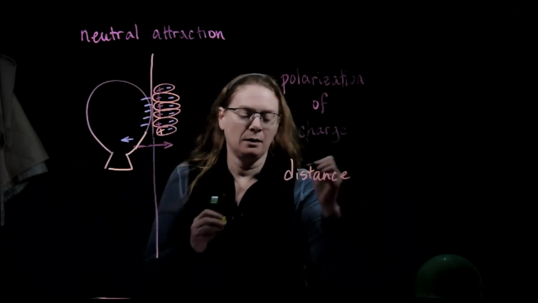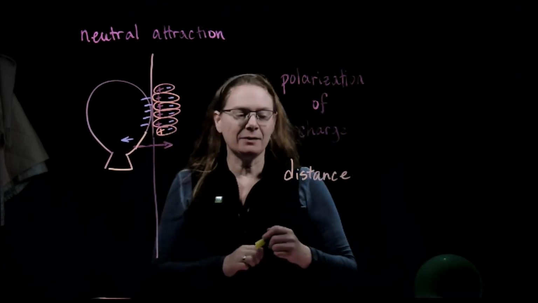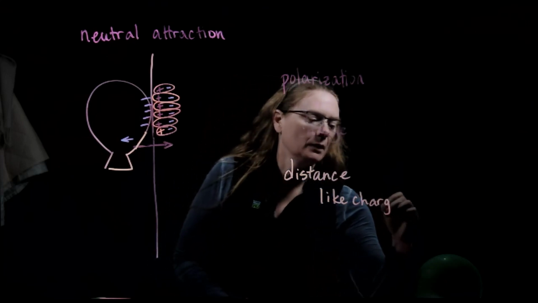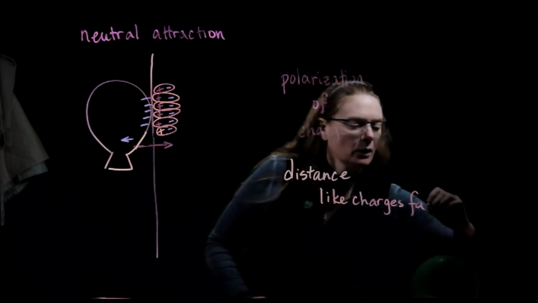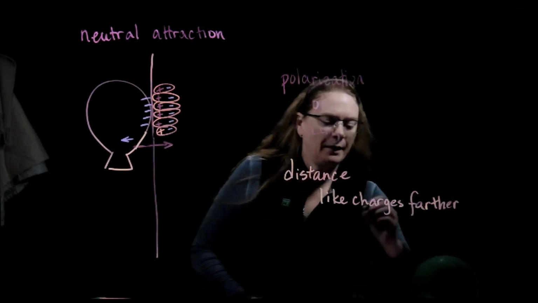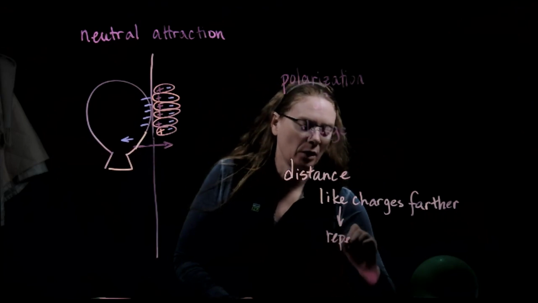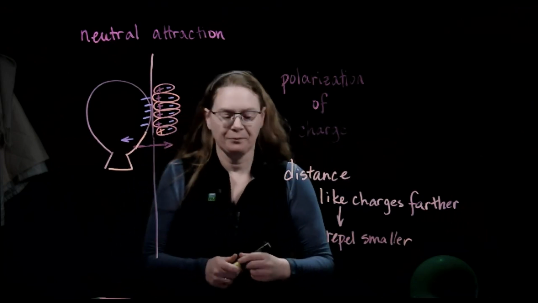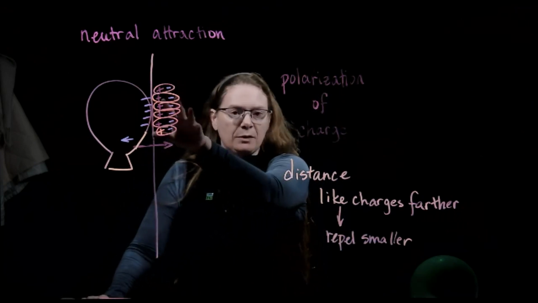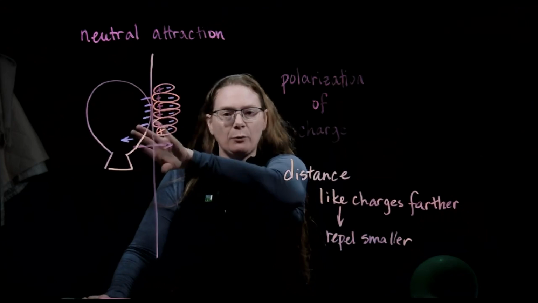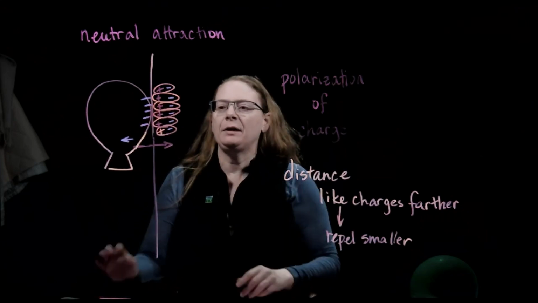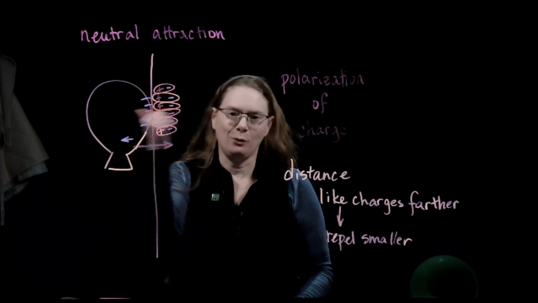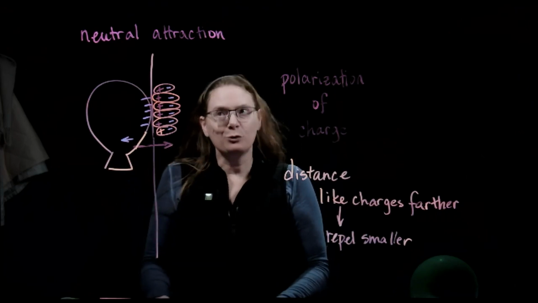The like charges are always going to be farther away, which means the repulsion is smaller. First, the atoms polarize, so we've got the pluses on one side and negatives on the other side, and then because the negatives are farther away, we have a strong attraction and weak repulsion. Overall, it's an attraction. So that is neutral attraction.